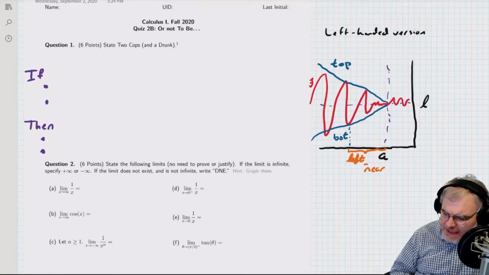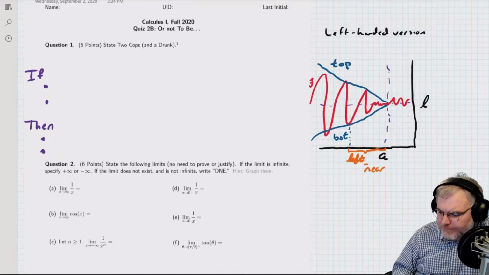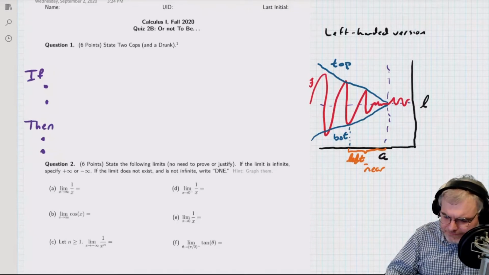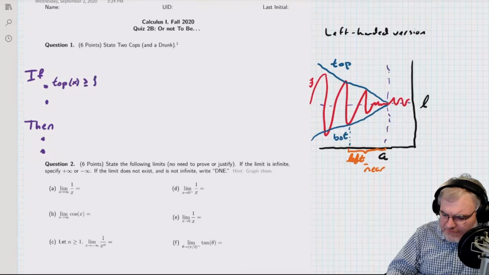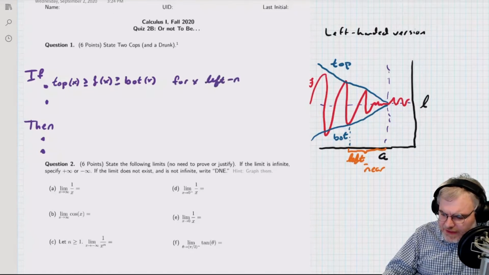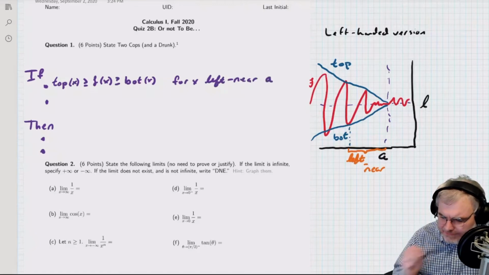What I'm going to say is: top of x is greater than or equal to f of x, is greater than or equal to bot of x, for x left near a.